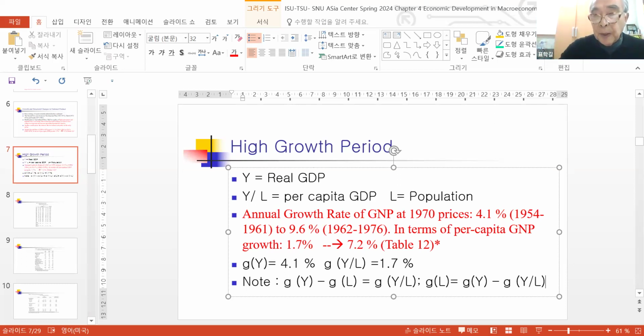So that means in this case, GY was 4.1% minus 1.7%.